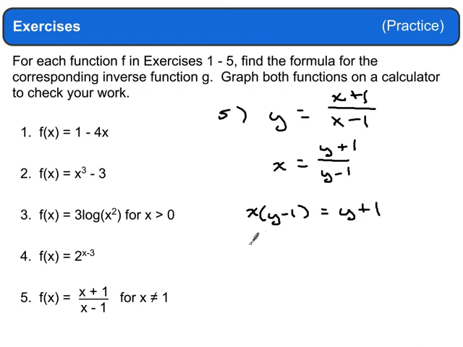Now we end up with xy minus x equals y plus 1. We're going to bring all the y values together.